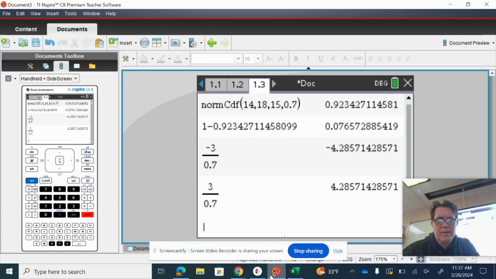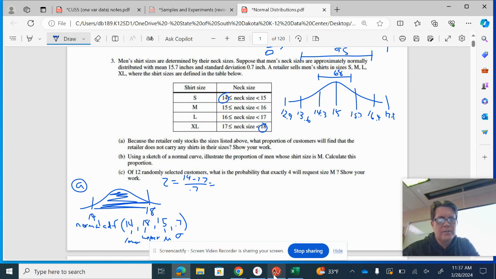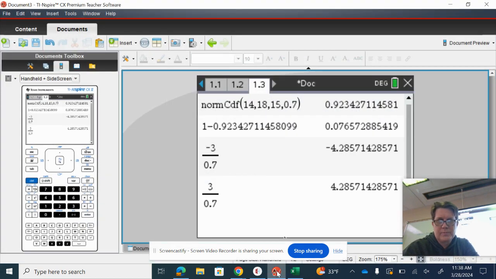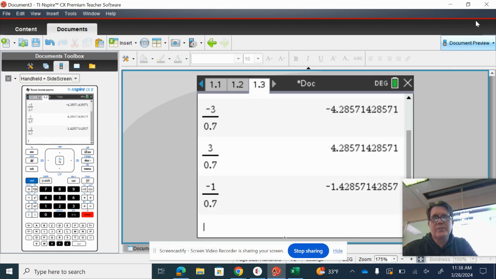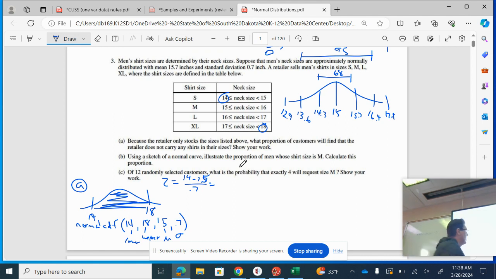What did I do wrong? Oh, that's supposed to be 14 minus 15 divided by 0.7. So it's -1 divided by 0.7. So the first z-score would be 1.43 below. And the other z-score, 4.28 above.